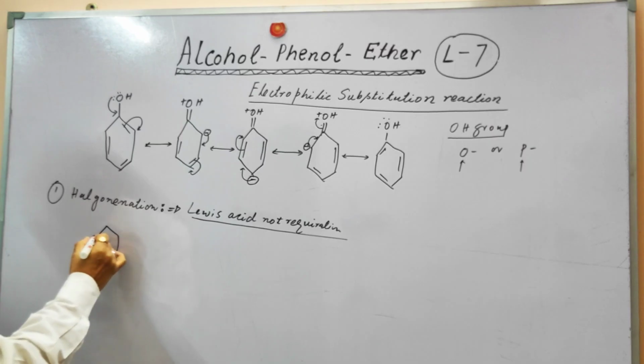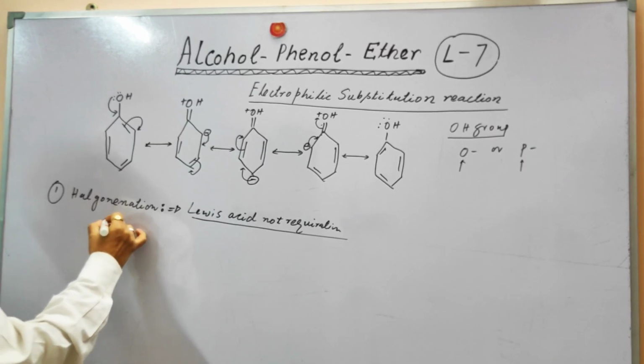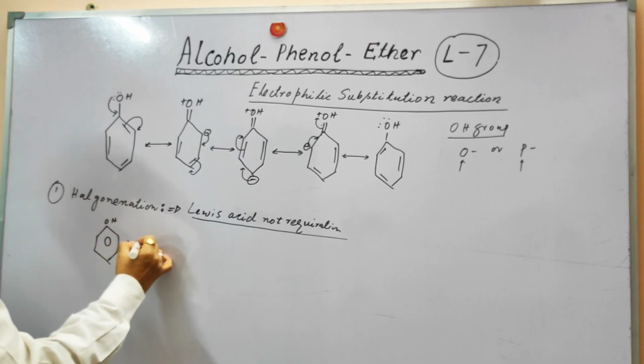The first halogenation reaction we will discuss is phenol with bromine water.